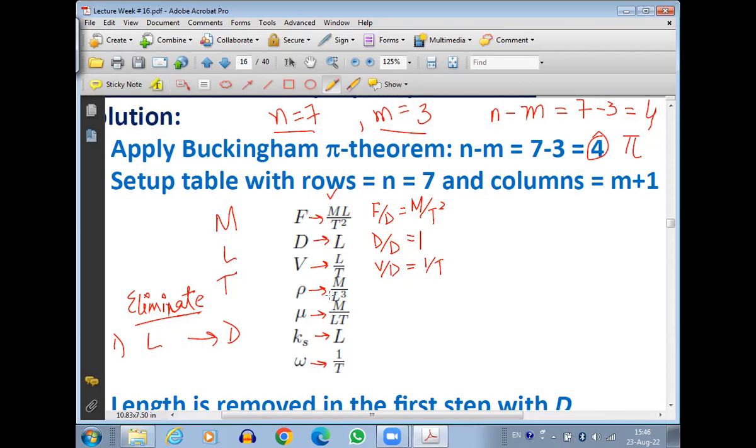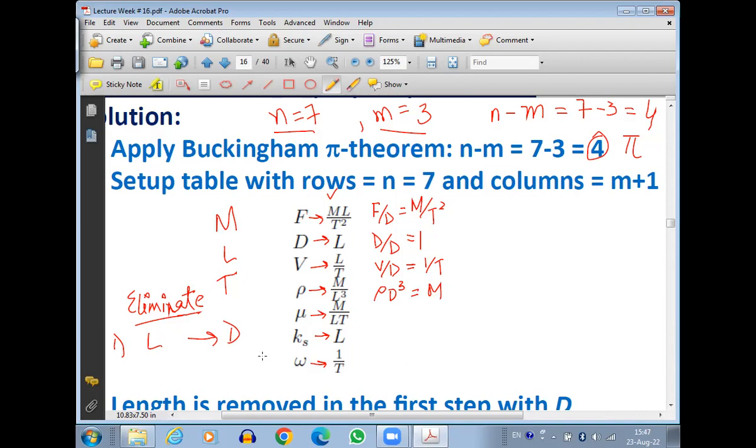If I want to eliminate length, I have to multiply by L cubed. So I'm going to multiply rho by D cubed. So it becomes M. Is it clear? So length cubed is eliminated.